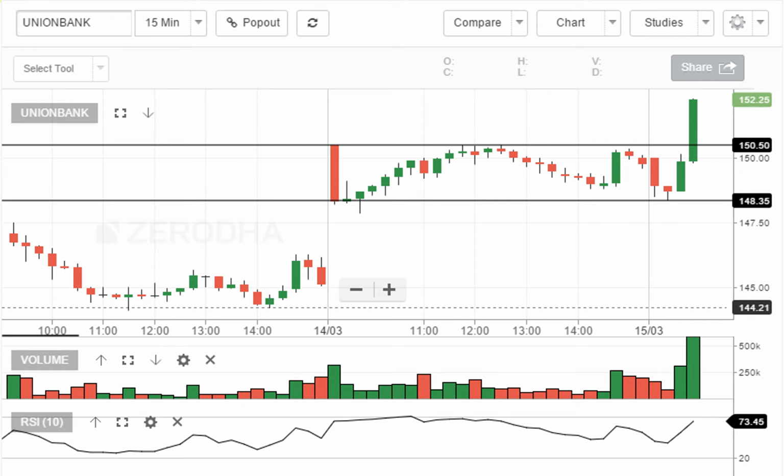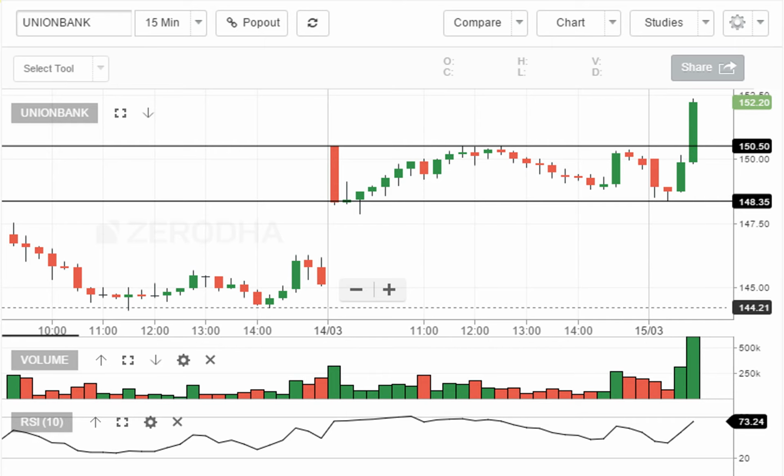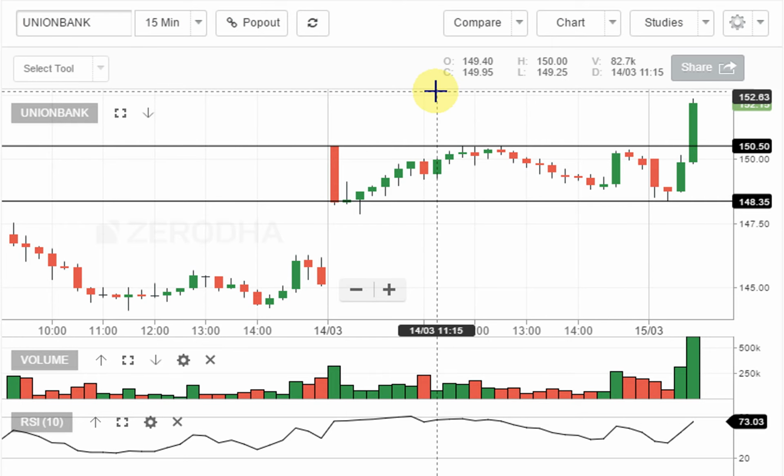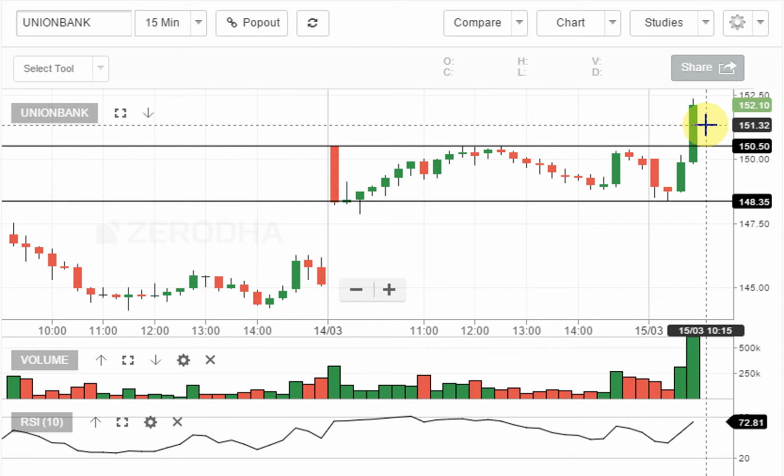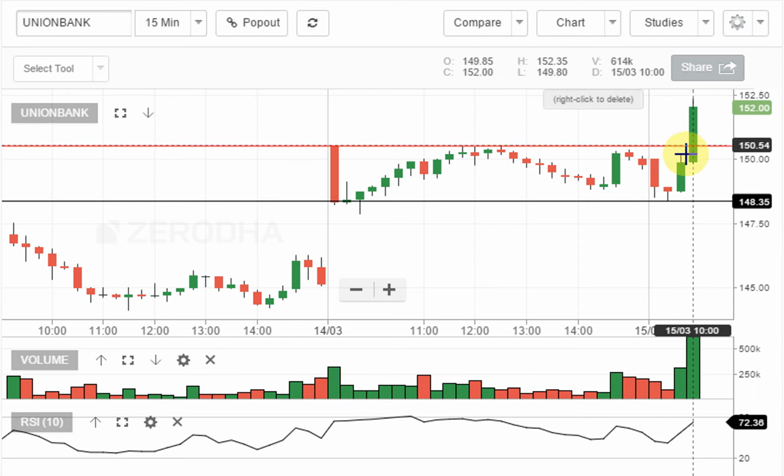At 149 you have placed an order, from 149 to 150, 151 and 152. Even you can go with 152.5, but for the target we are just keeping 152. So you have got 3 points. 3 points means you have got 300 rupees, and the investment was just 750 rupees.